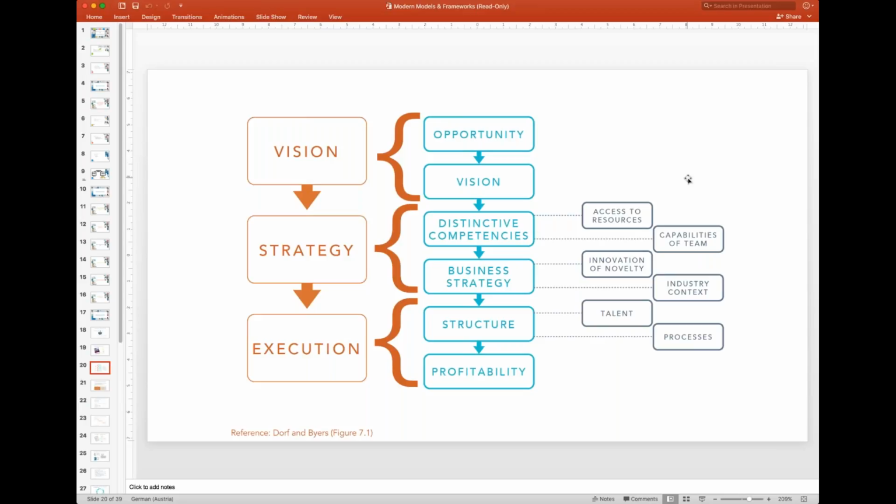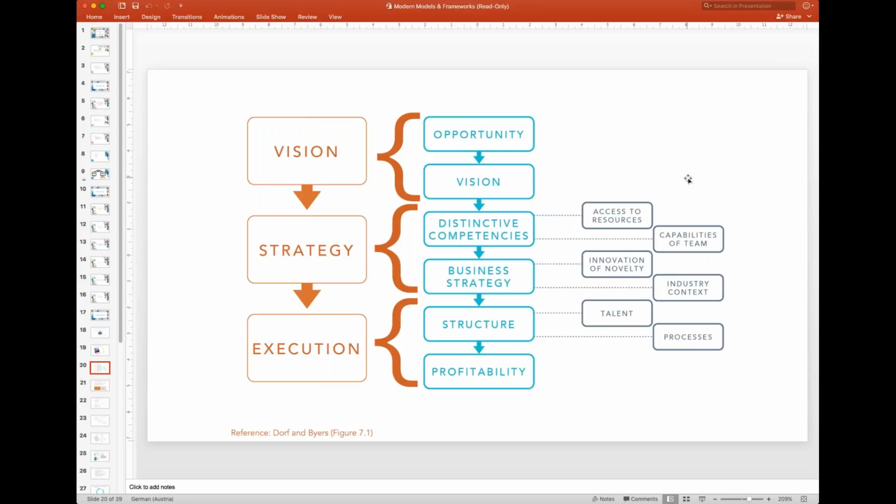When we talk about execution, we mainly talk about structure, and structure has a lot to do with doing and not just talking about it. When we say talent and processes, it's organizing an organizational structure that allows the talent, the team, to work together.